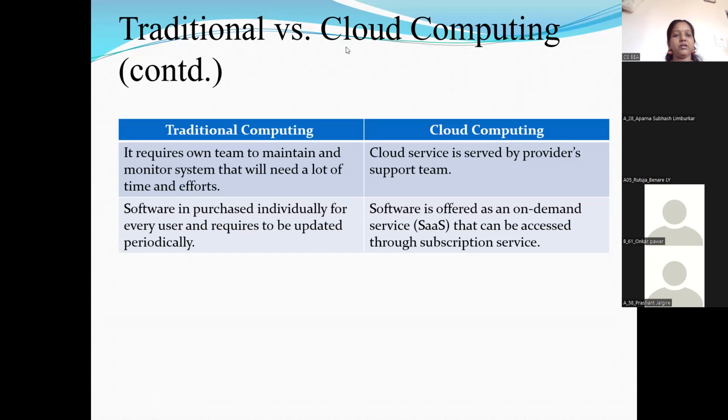Then in case of traditional, software is purchased individually for every user and requires to be updated periodically. But in case of cloud, as we have seen yesterday, the software as a service, SaaS, so on demand service will be provided. Suppose, for example, you may require the latest Java version.